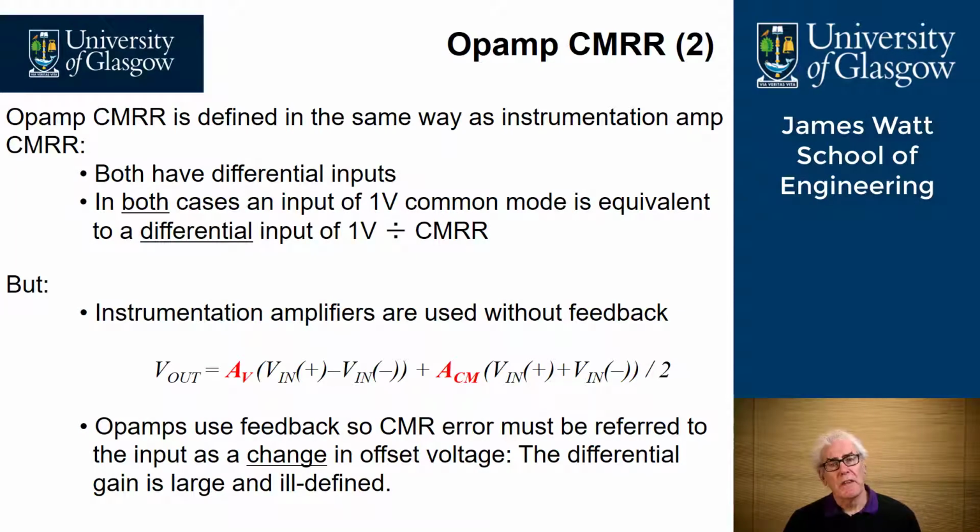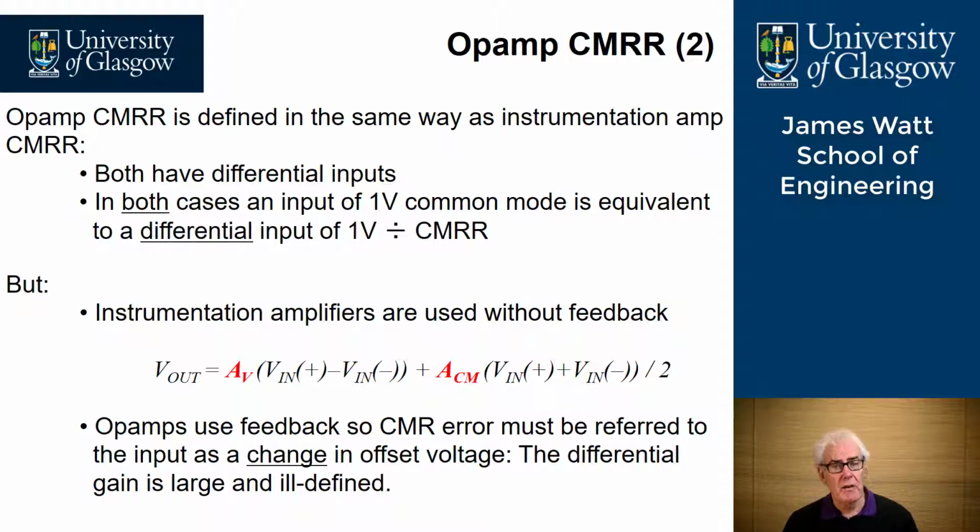We can look at the op-amp and consider it in the same way as we consider instrumentation amplifiers. Both have differential inputs, and in both cases, an input of 1 volt common mode will be equivalent to a differential input of 1 volt divided by the common mode rejection ratio of that op-amp. The difference is that instrumentation amplifiers are used without feedback.